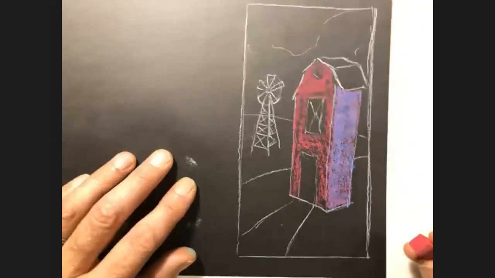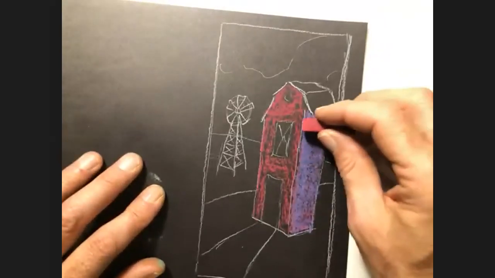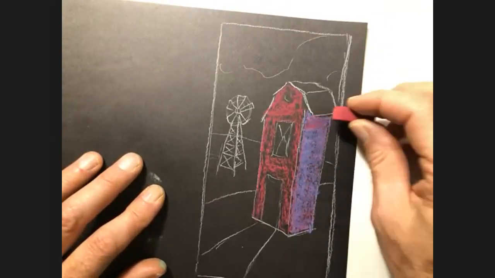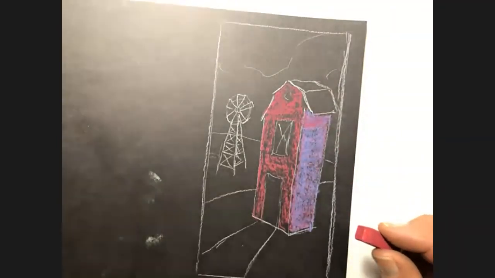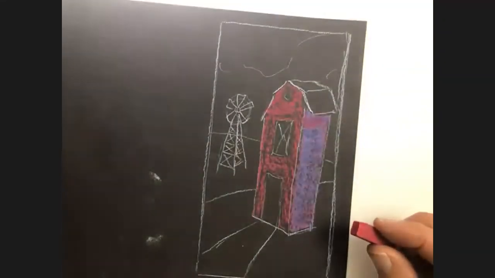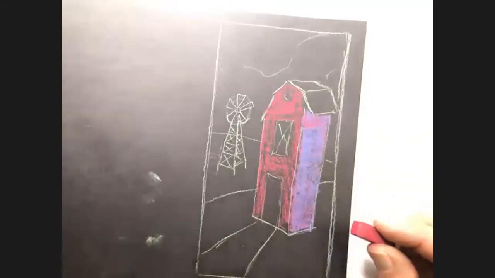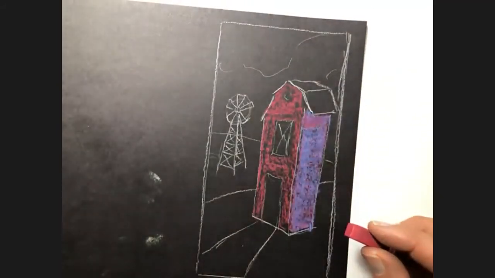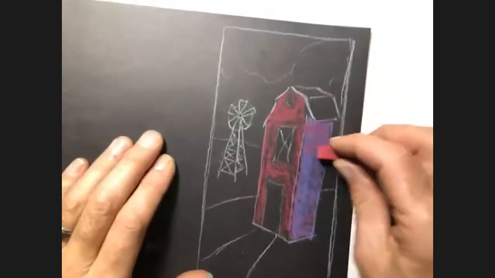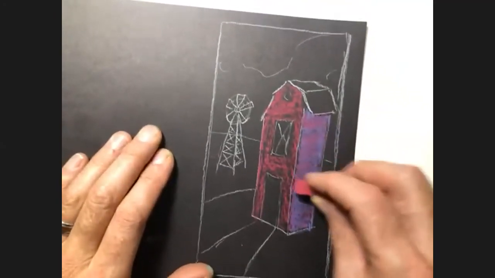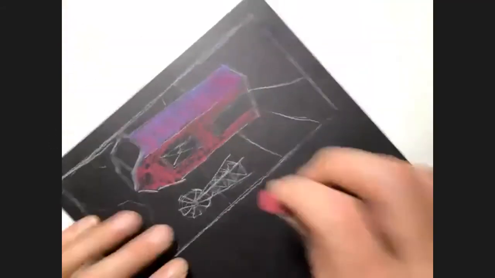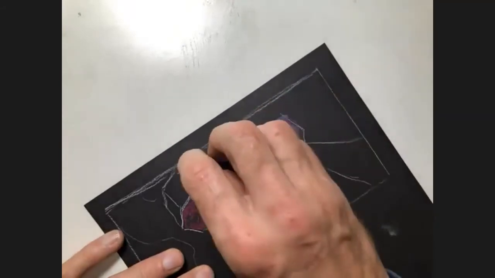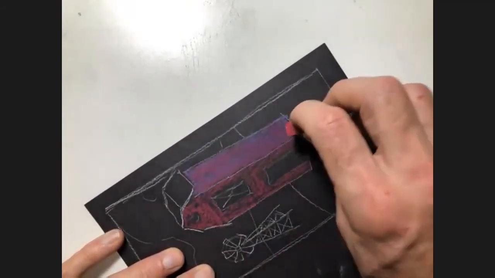Oh wow, the camera looks absolutely white because of the lighting. Let me change the lighting here. No, that's not helping. The lighting is making everything much lighter. That's what cameras do, they try to equal out everything because it's mostly black paper.